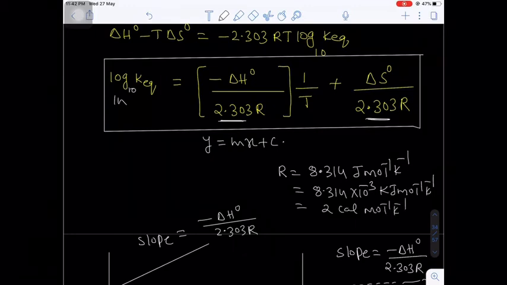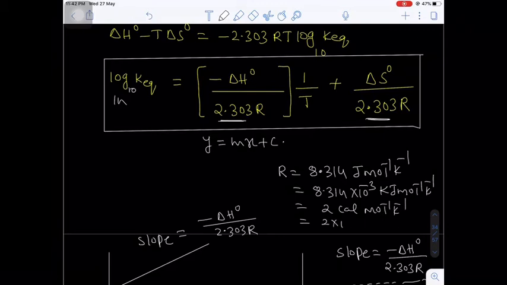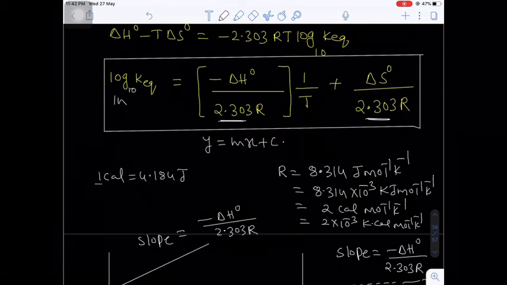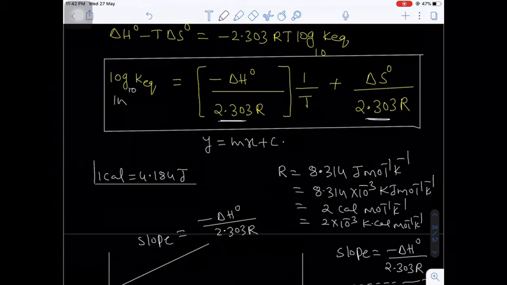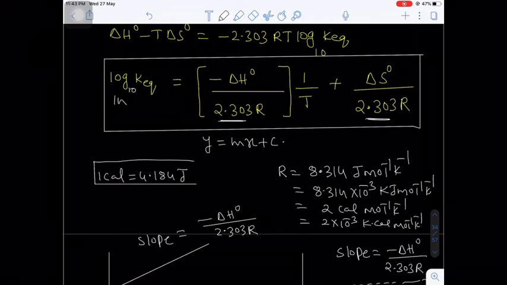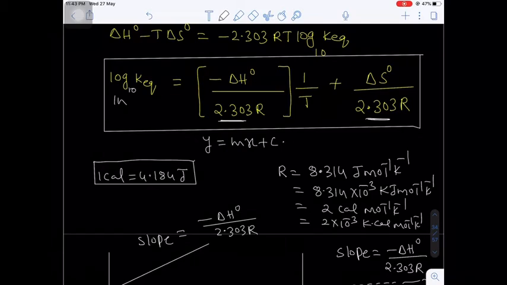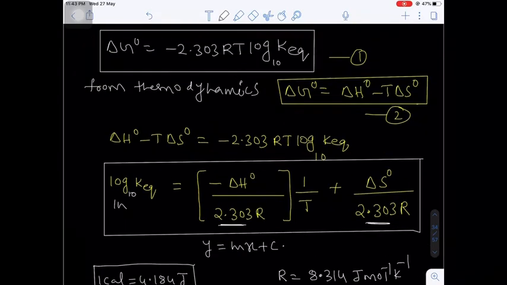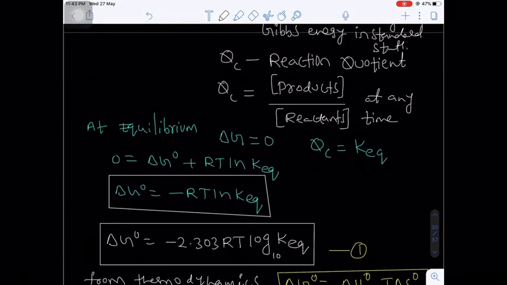R value is 2 calorie mole inverse Kelvin inverse, or 2 into 10 raised to minus 3 kilocalorie mole inverse Kelvin inverse. One more important thing, 1 calorie is approximately 4.184 joule. This is very important. So the R value should be either in kilocalories or kilojoule or ergs or kilo ergs, etc.